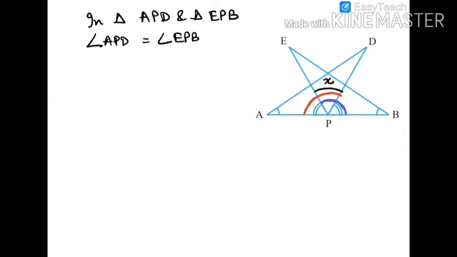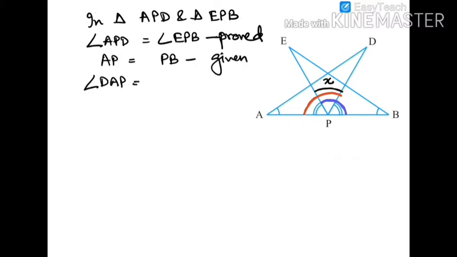So now in triangle APD and triangle EPB, we have angle APD equal to angle EPB, proved earlier. AP is equal to PB because P is the midpoint, and angle DAP is equal to angle EBP. This is also given.